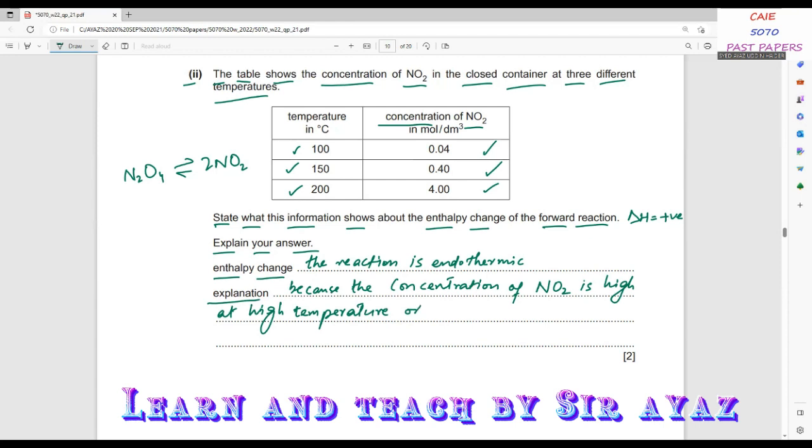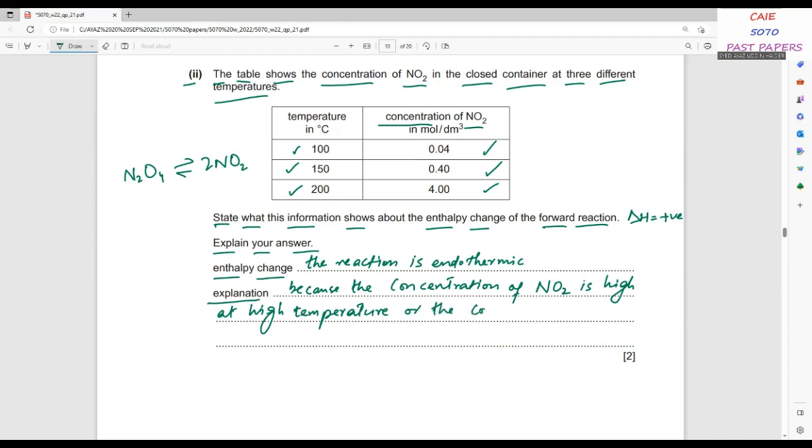Or the concentration of N2O4 is low at high temperature.